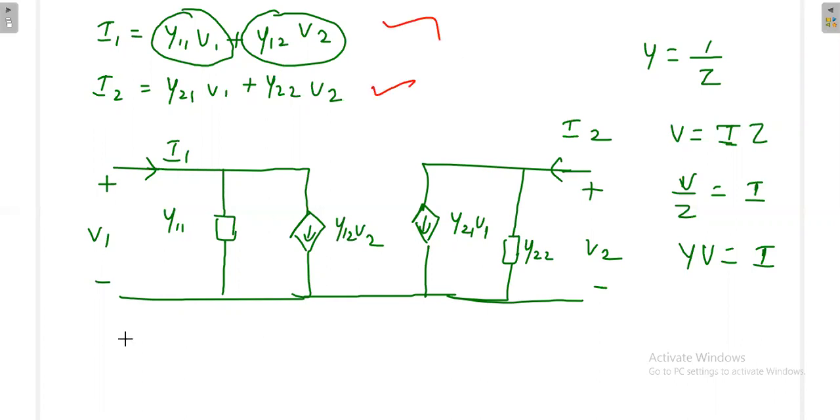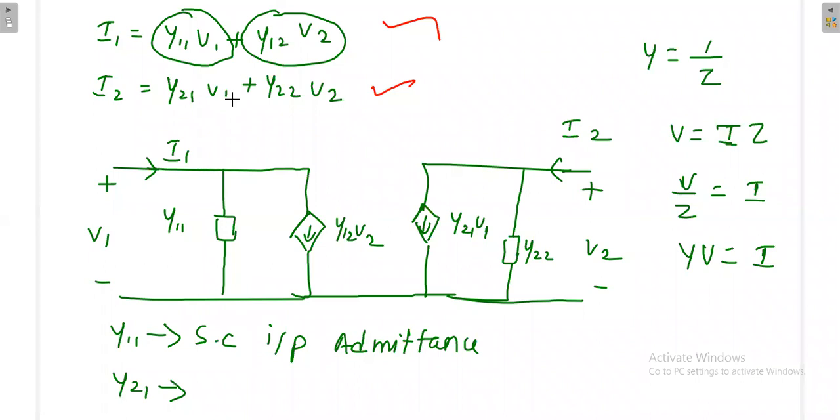Okay, so what is this here? Y11 is the short circuit input admittance, because when you calculate Y11, you are making V2 a short. What is Y21? Y21 is I2 by V1, that is the forward transfer admittance.